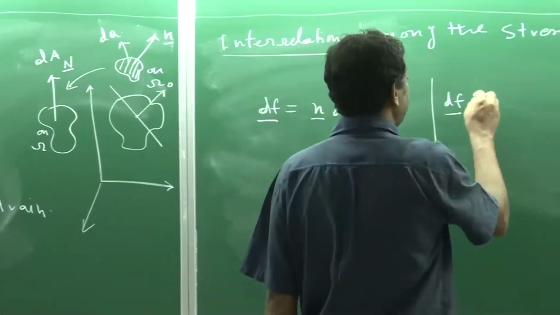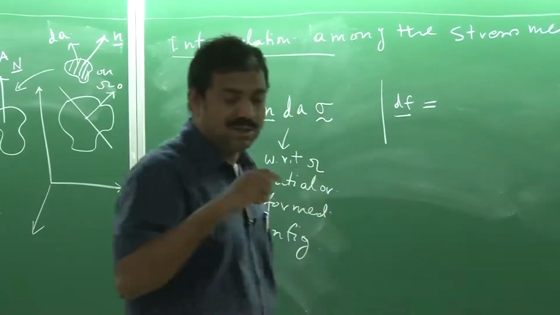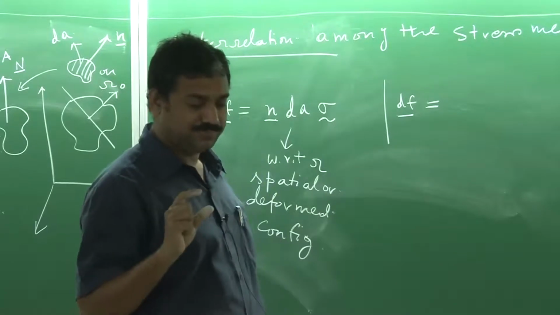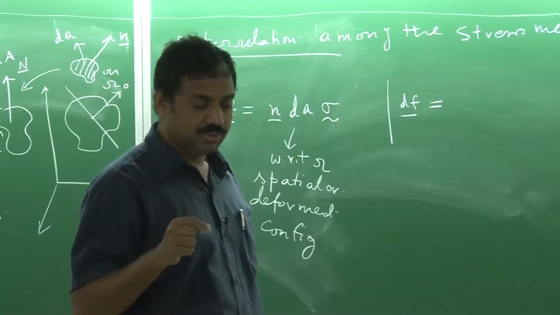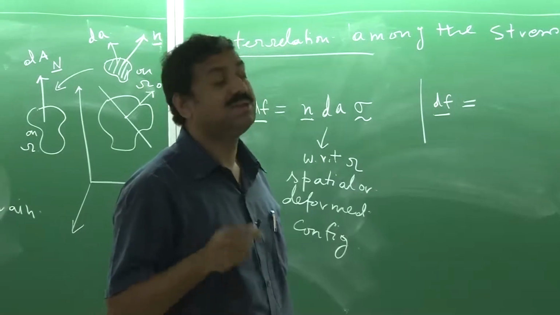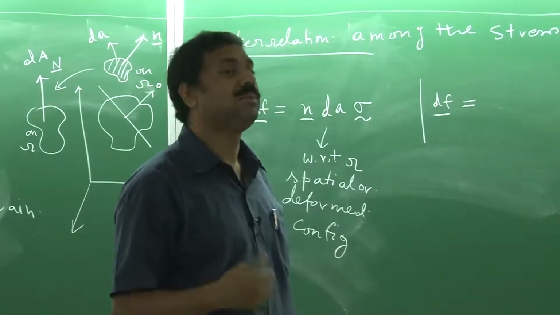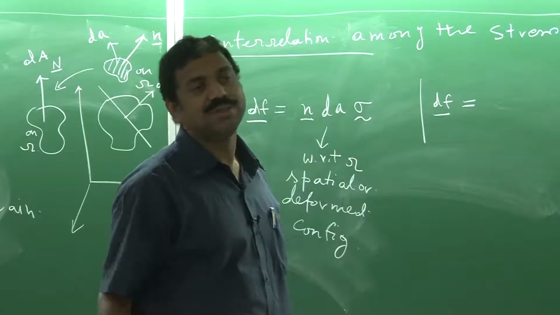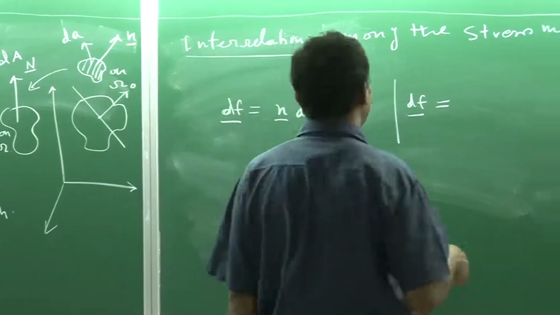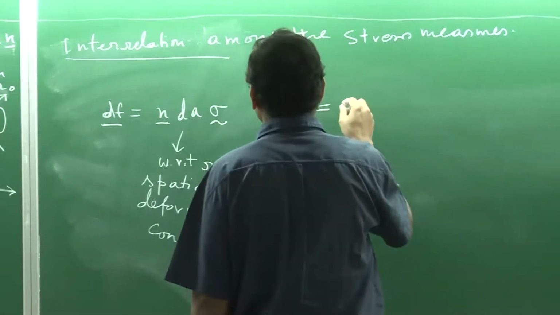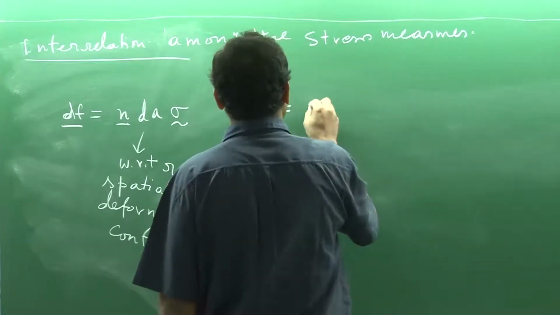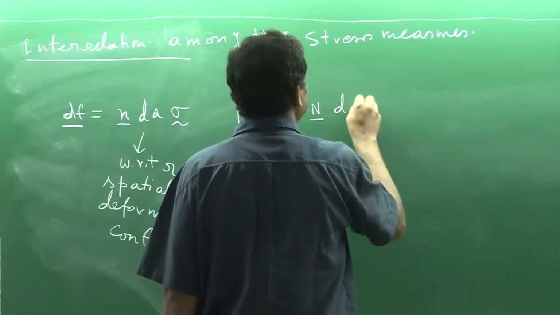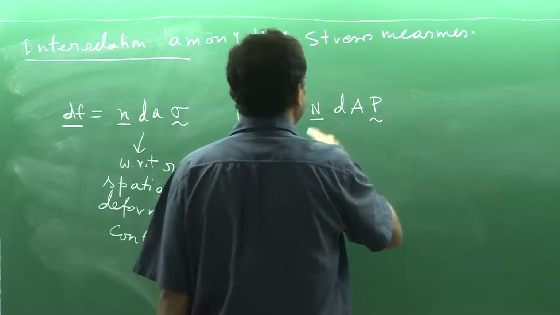The traction multiplied by the area gives you the external force, and that force measure should be irrespective of deformed or undeformed. So, df bar for the undeformed configuration will be P, you see that.